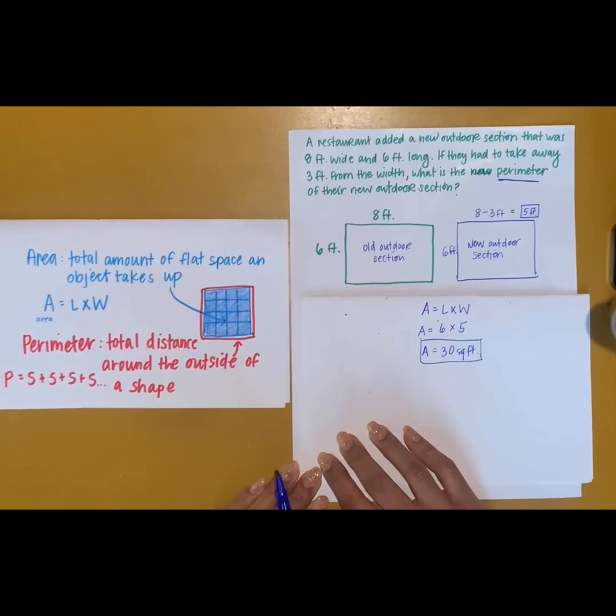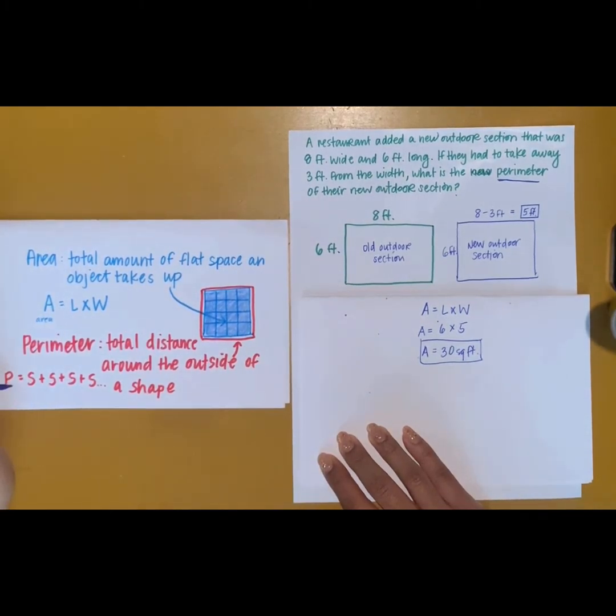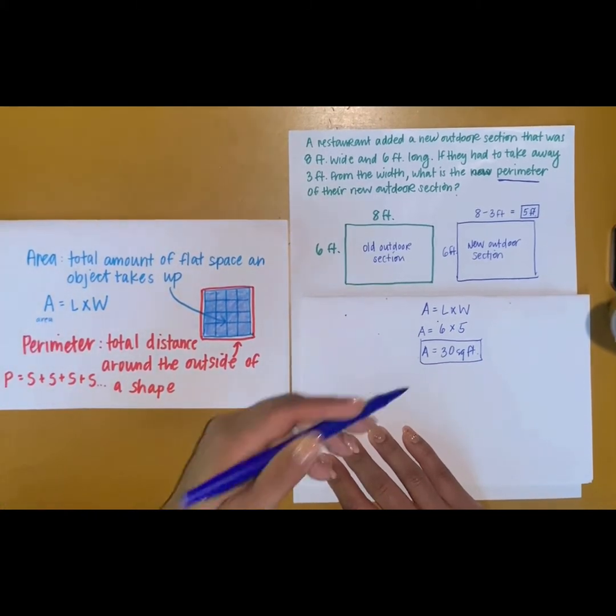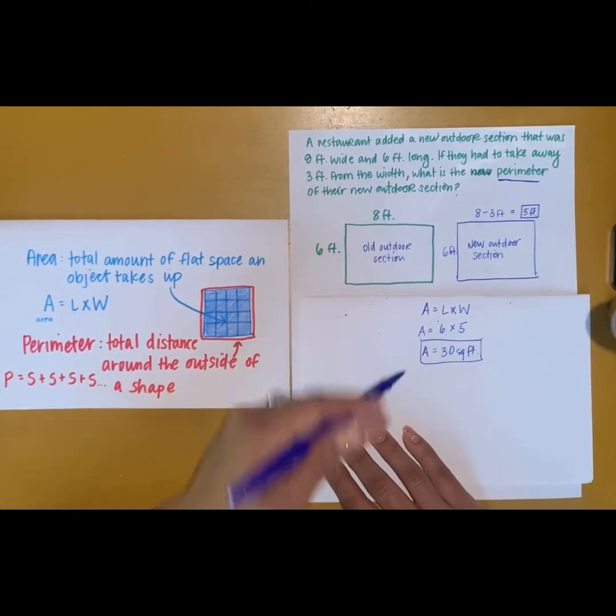What equation do we use to solve for perimeter? Say it out loud. You said we use the equation perimeter equals side plus side plus side plus side for however many sides are in that shape. That's right. This friend used the wrong equation, so they weren't answering the big question.